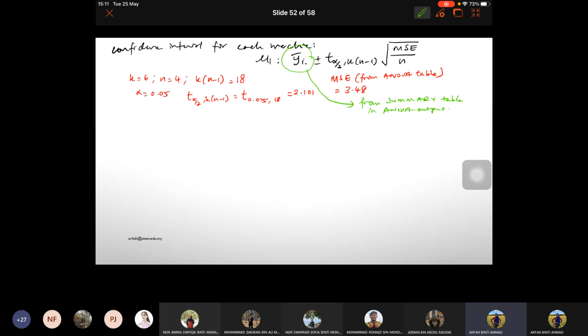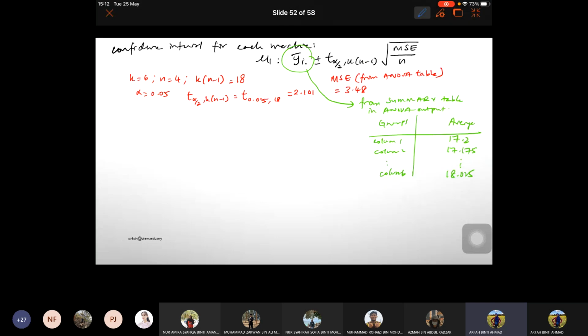So awak tengok dekat summary iaitu groups, yang awak ada table dia, and then dia punya average. Okay. So kita ada column 1, column 2 up until column 6. Sampai column 6 dia ada average dekat sini: 17.2, 17.175 up until 18.025.